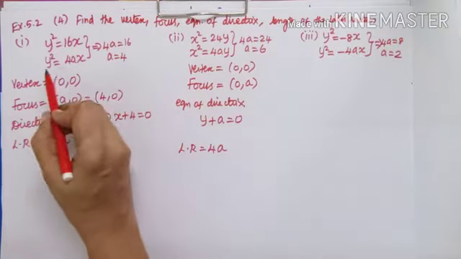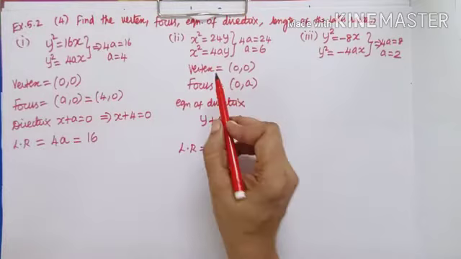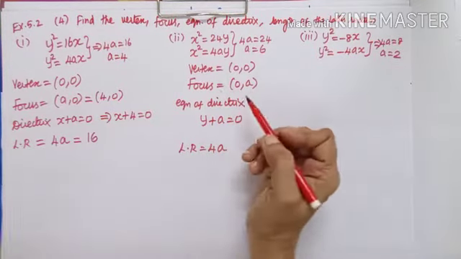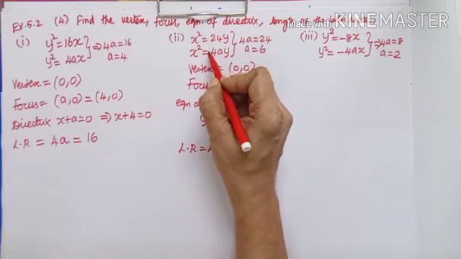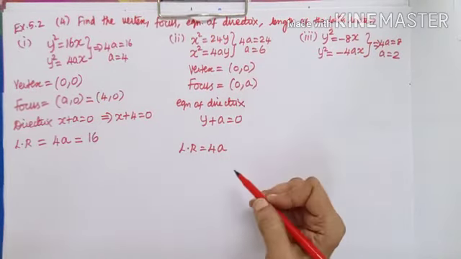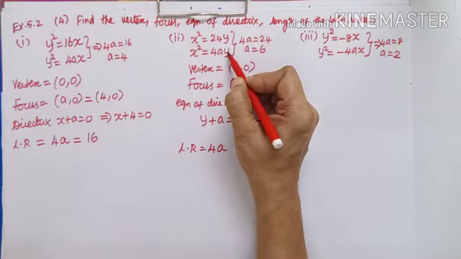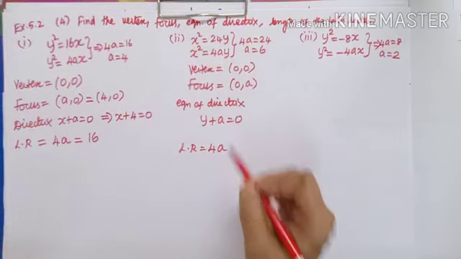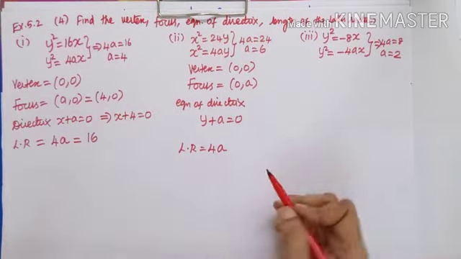Vertex. No minus symbol in any of this. h comma k will definitely be 0 comma 0. Focus. Right hand side y is coming, plus symbol. So y will be a, x will be 0. Directrix. Right hand side I have y plus a equal to 0. And latus rectum in all the cases it is 4a.